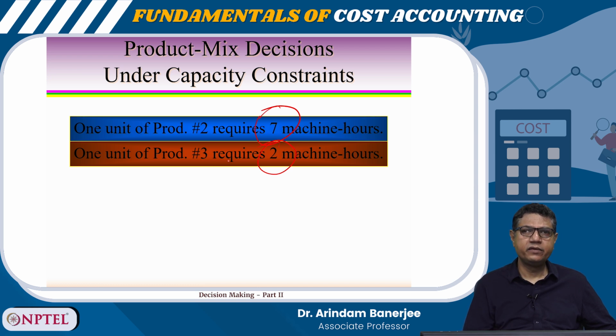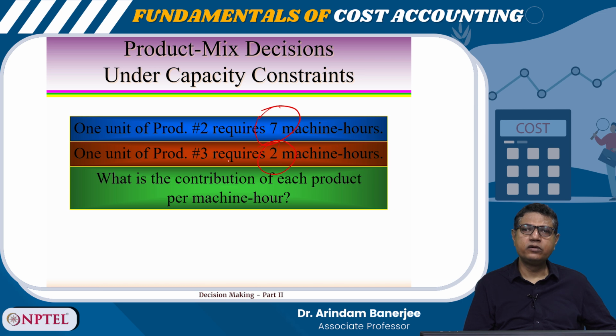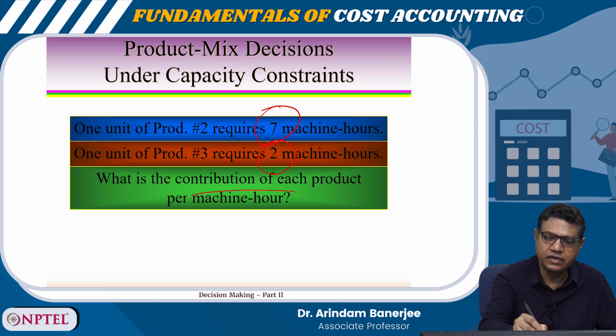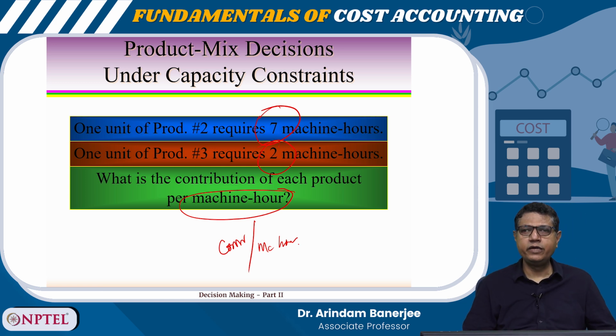So what is my key factor or limiting factor here? My limiting factor is the machine hour. So I have to calculate contribution per machine hour. I will calculate the contribution per machine hour and see which product, product 2 or product 3, gives me more contribution per unit of machine hour.